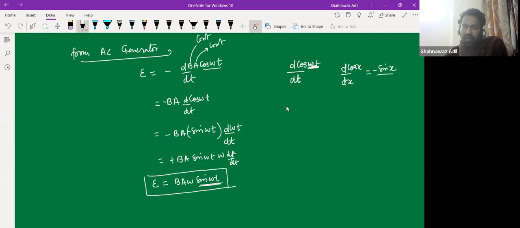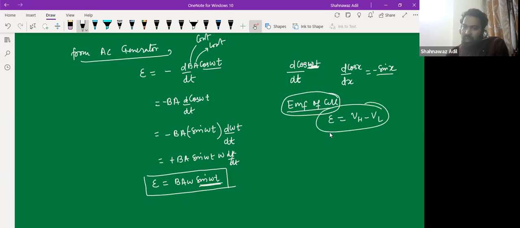In the case of the EMF of a cell, we get the EMF as simply V higher minus V lower, right?